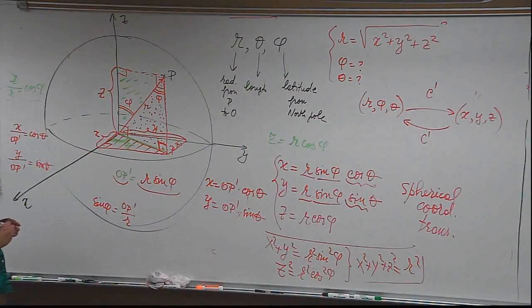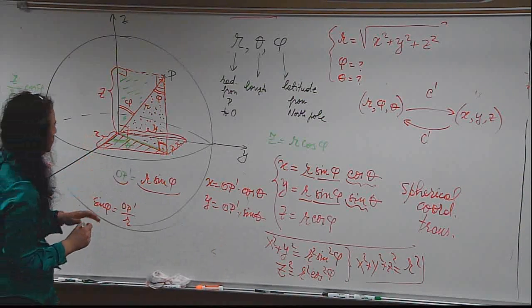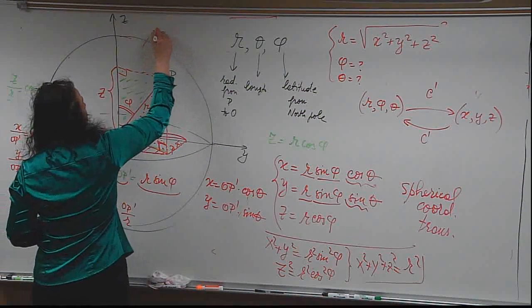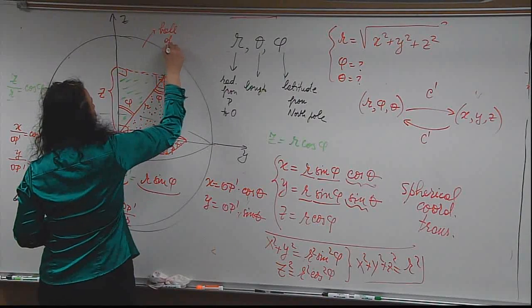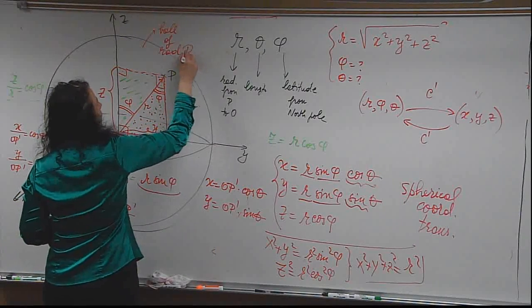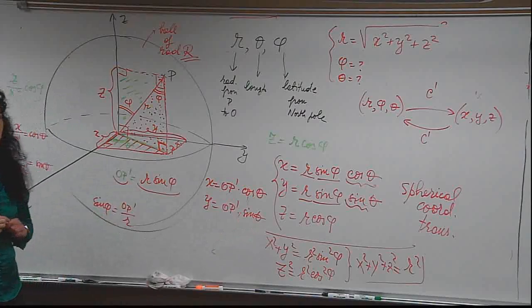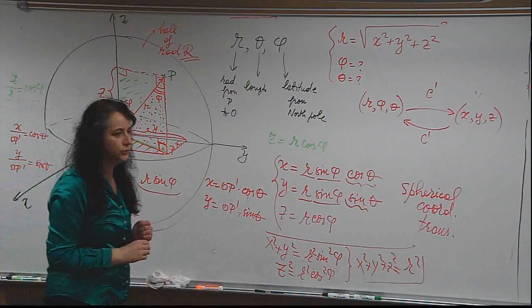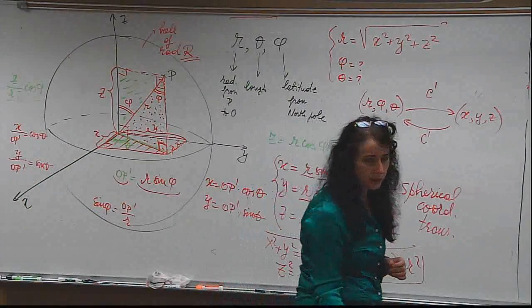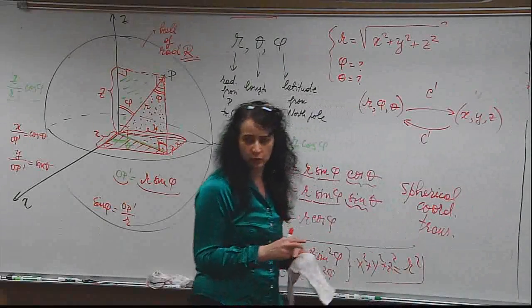So, now we are ready to prove the volume of a ball. This is a ball of radius r. Find the volume of this ball with any kind of coordinates you think. But now you'll say, okay, if you do cylindrical coordinates, good luck to you.